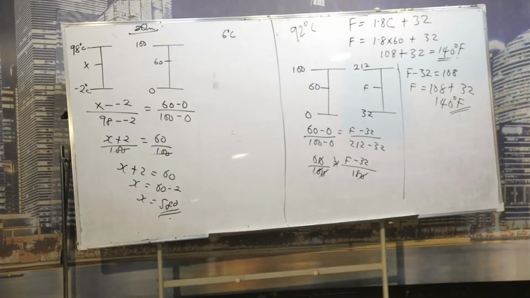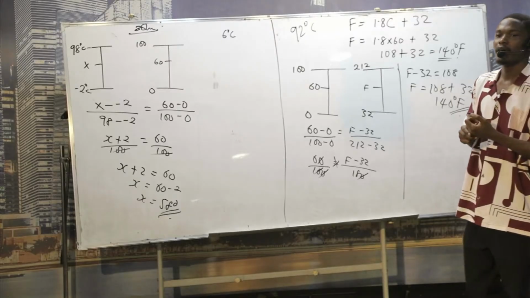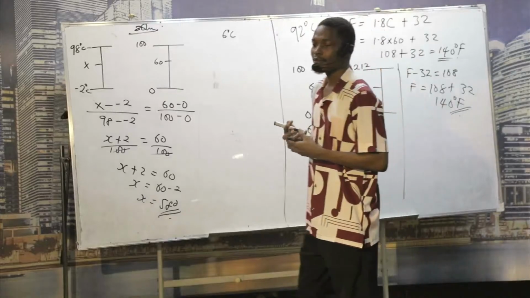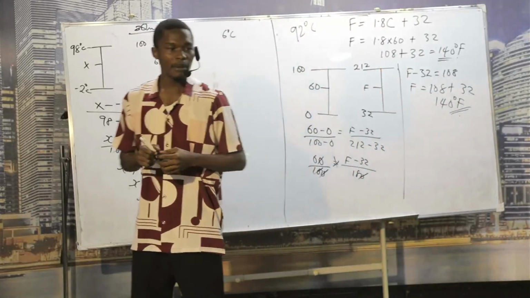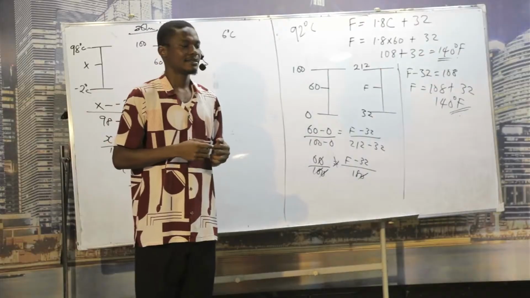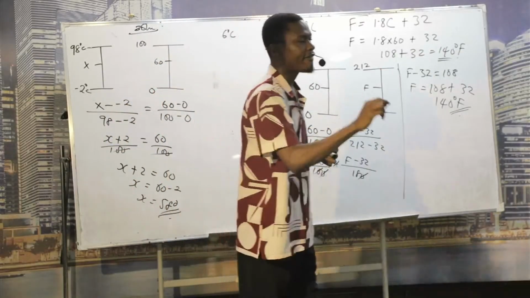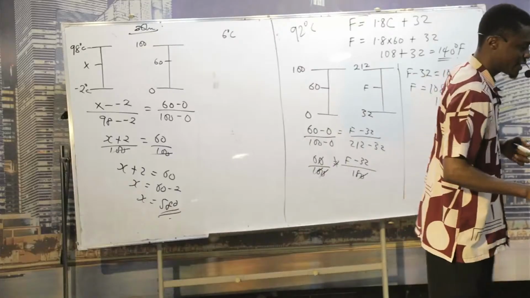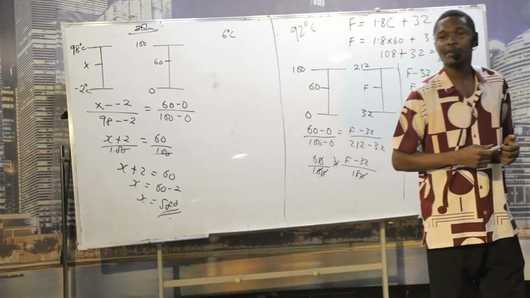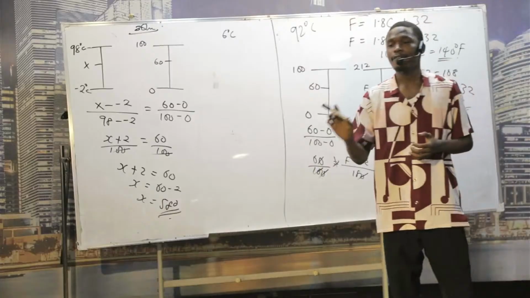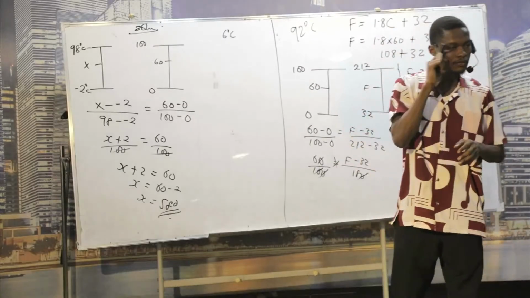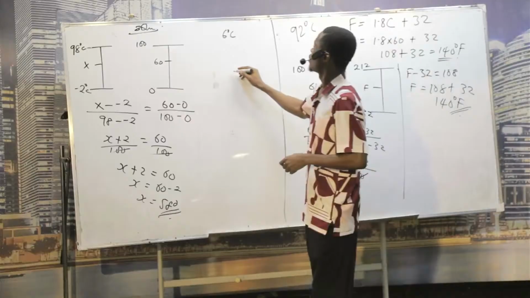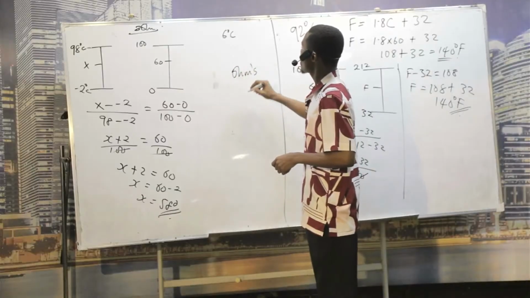Number two. Are you there? A resistance thermometer has a resistance of 5 ohms at ice point. Now, you haven't heard of ohms before?